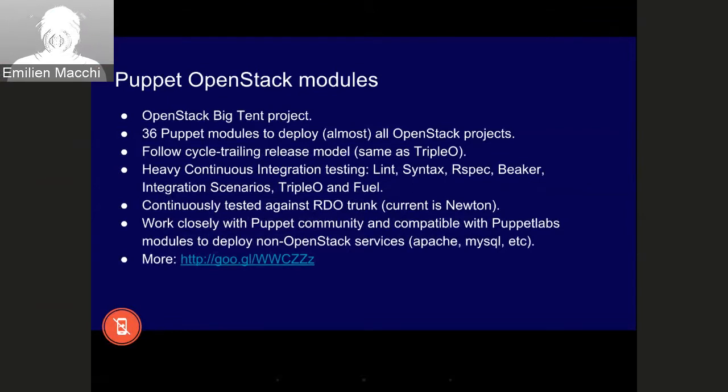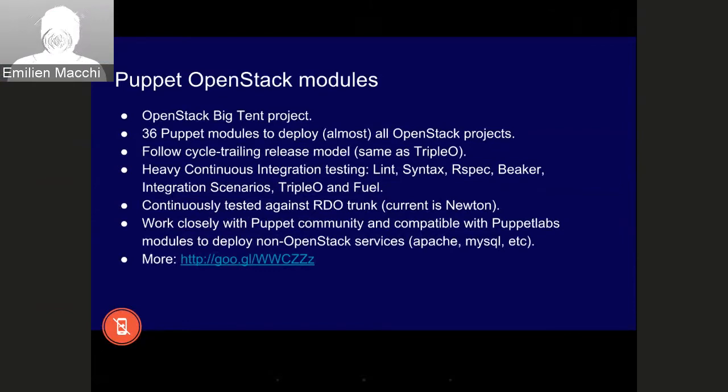We have modules for Nova, Keystone, but also for projects like Watcher or Octavia, or some projects that maybe you don't know. This is a Big Tent project, which is supported by the OpenStack community. We are following the same release cycle model as TripleO, which is also the same as the other projects in OpenStack. We make a release every 6 months for the new OpenStack release.